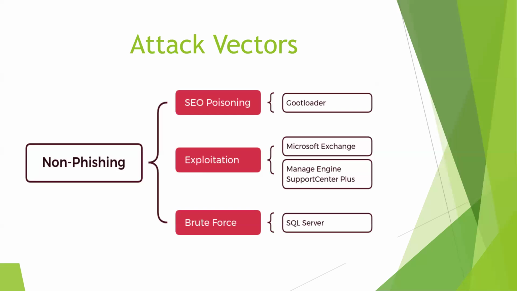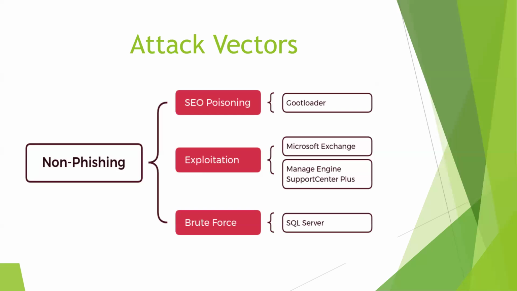And this could be something like a bootloader. A bootloader is an initial stage malware that is going to deploy further second stage payloads. That is how attackers are leveraging search engine optimization poisoning.